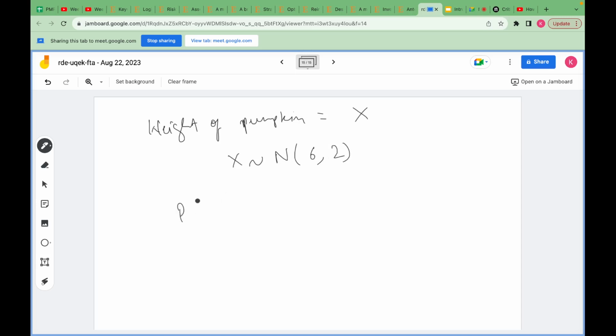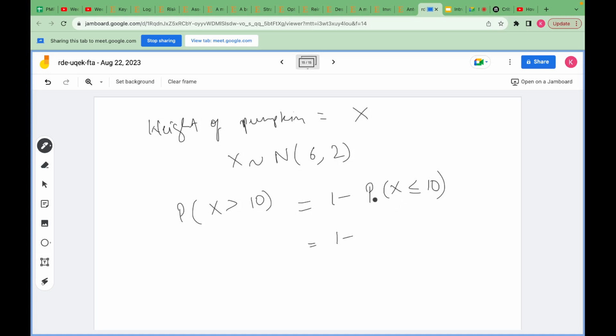So we are asked the probability that x is at least 10, or the probability that x is greater than 10, that the pumpkin will weigh more than 10 kg. So this is nothing but 1 minus the probability that x is less than or equal to 10.